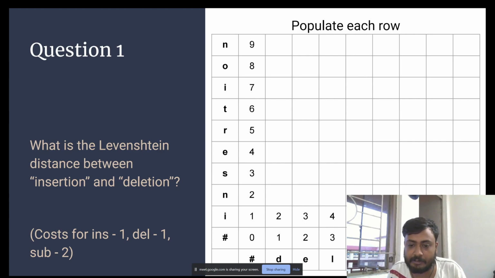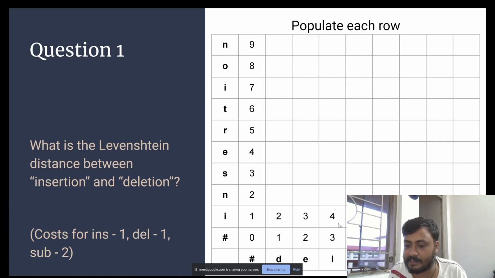So what you need to keep in mind mostly is that you will have to compare the three different costs. Whatever is the value of the box on the left, you add the cost of insertion with that. Whatever is the value of the box at the bottom, you add the cost of deletion with that, and whatever is in the diagonal, you add the cost of substitution with that if they are not the same characters.